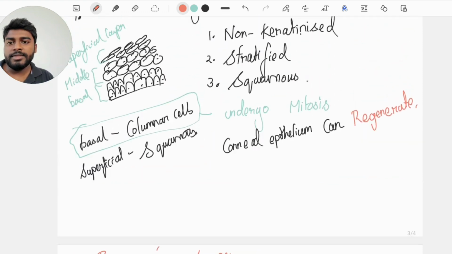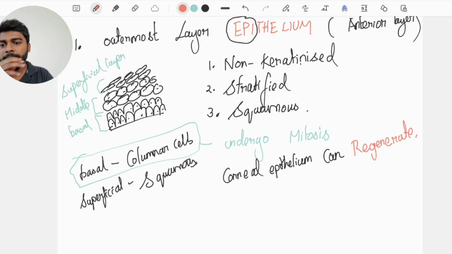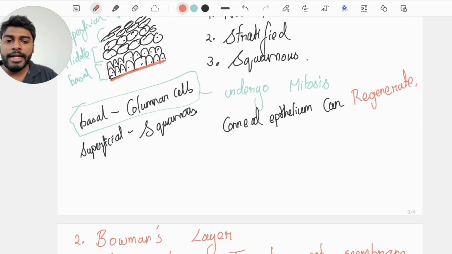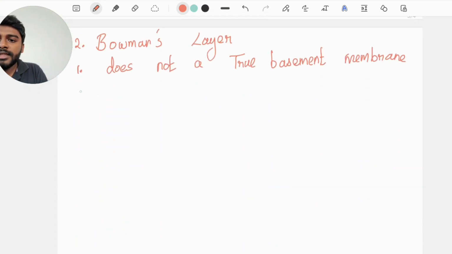So where would the basement membrane be? We'll go to this basal layer. Below this basal layer, there should be a membrane. Here it is the Bowman's layer. It should be a basement membrane. But why are we saying this is not a true basement membrane? It does not stain with PAS, it is PAS negative.